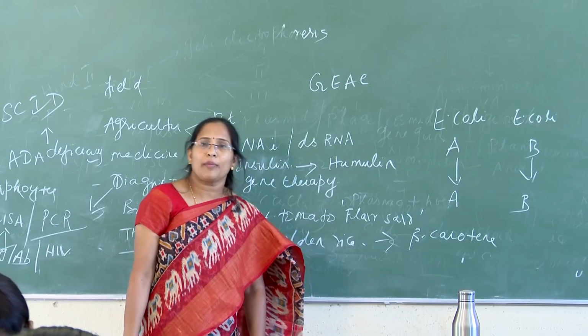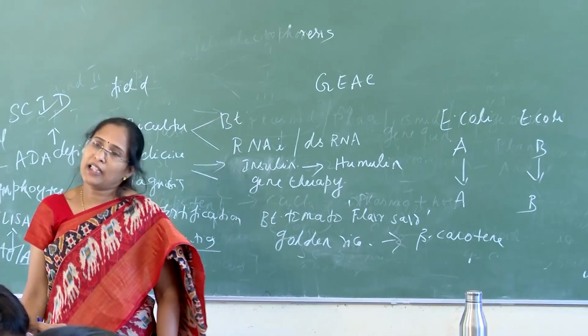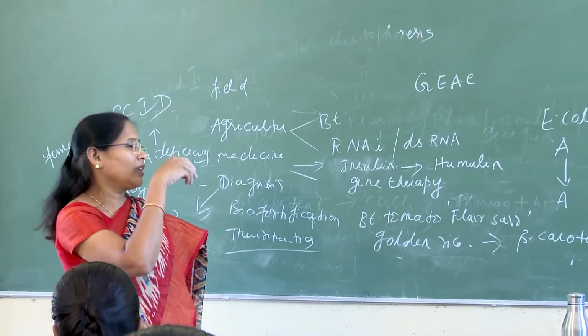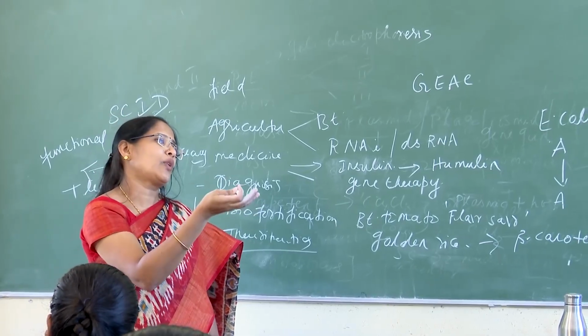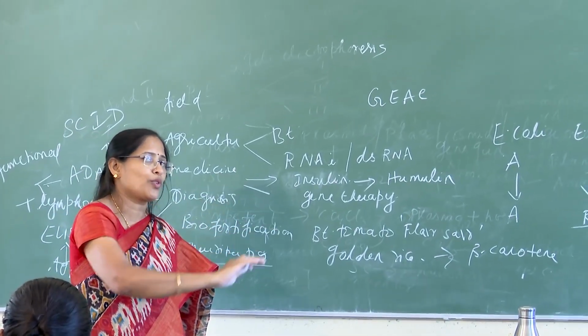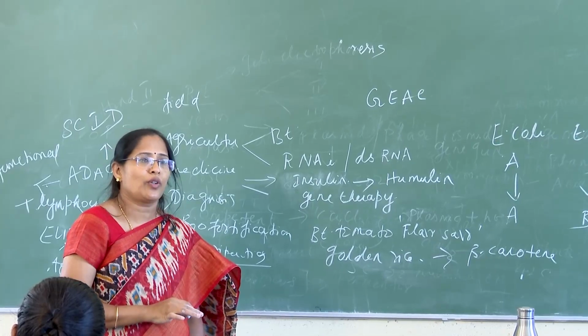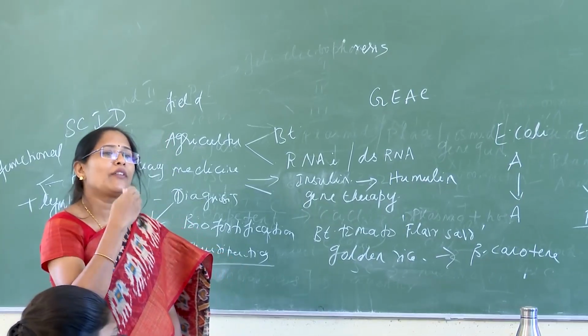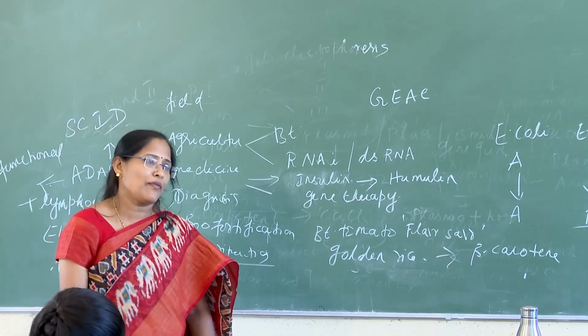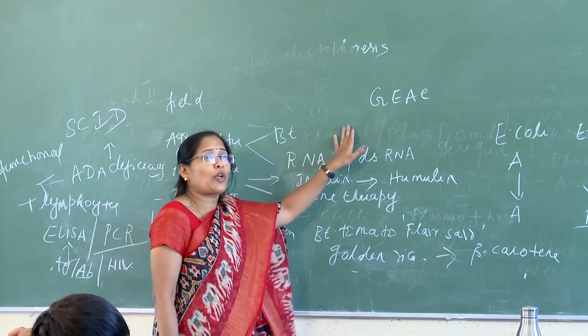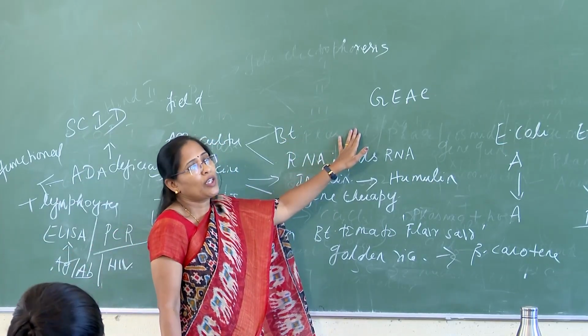What is the function of this committee? This committee will check whether the gene which has been inserted is going to cause a harmful effect on the host, any side effect, or is going to affect the environment or the ecosystem. Everything, and at what amount they are exploiting even the resources, everything will be checked over here.